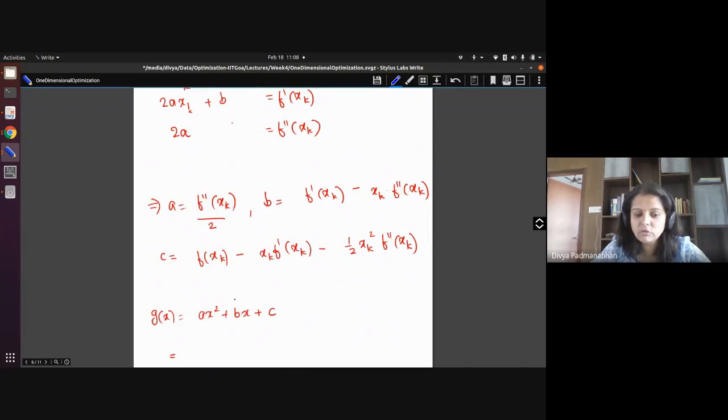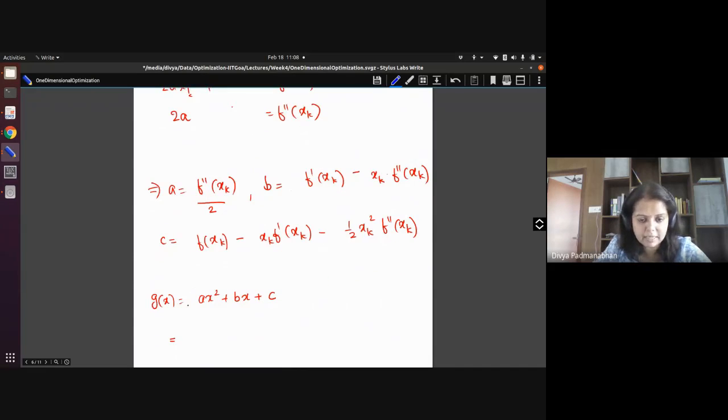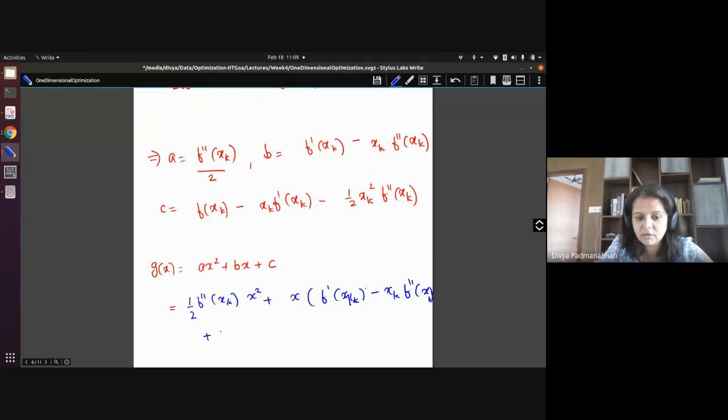If you plug in here, what you're going to get is half, so a is just the second derivative, f double dash of xk, times x square, plus b, which is x times (f dash xk minus xk times f double dash xk), and c is just the constant term, f of xk minus xk times f dash xk plus half xk square f double dash xk.